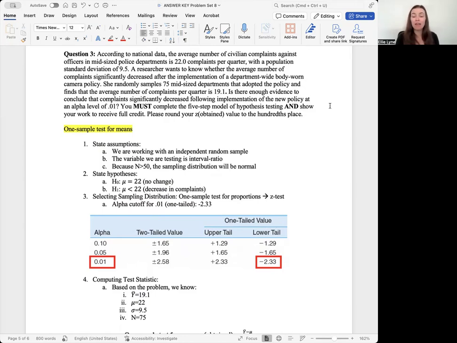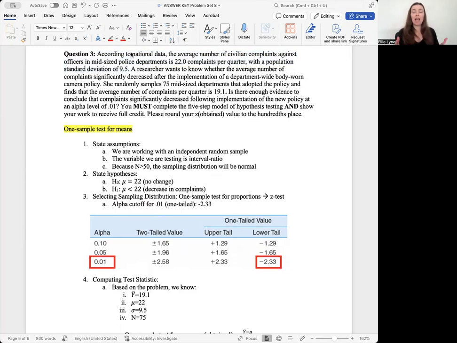You must complete the 5-step model of hypothesis testing and show your work to receive full credit, and please round your z-obtained value to the 100th place. So again, our very first step here is to determine what type of test we will be conducting. Our very first sentence here again gives away what kind of test we'll be conducting. Right off the bat, again, I see that we will be using national data.